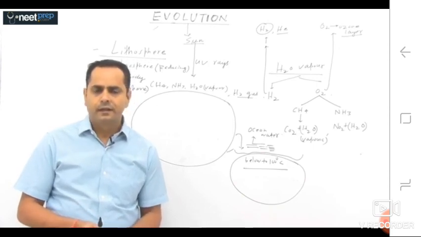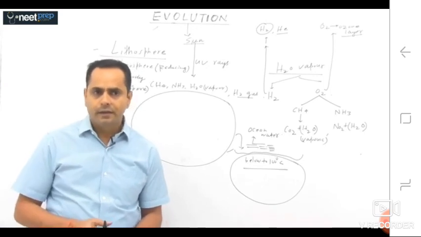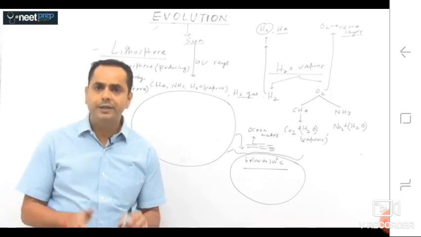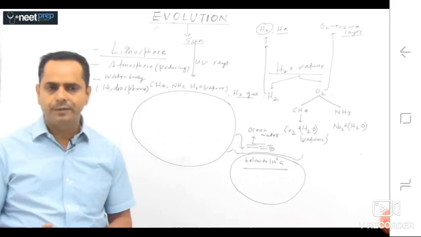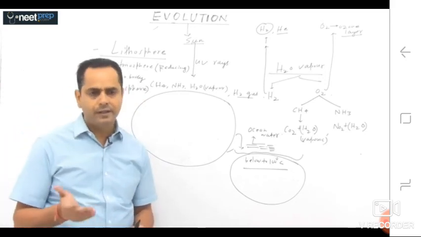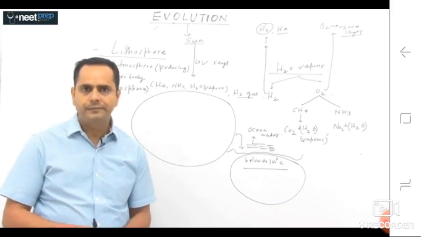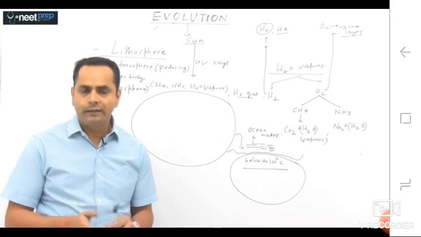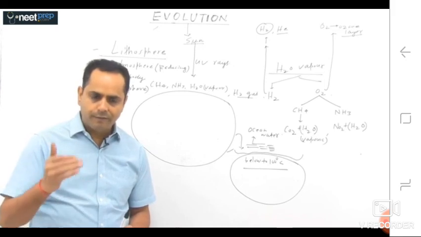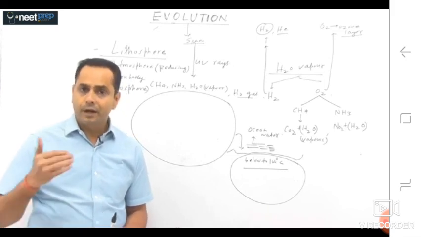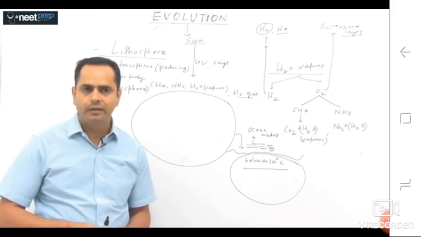If there is evidence of water bodies on other planets, then only can we think about the possibilities of life on other planets also. But it is still part of research and discovery whether water is present on other planets. We can't say very strongly in that favor.